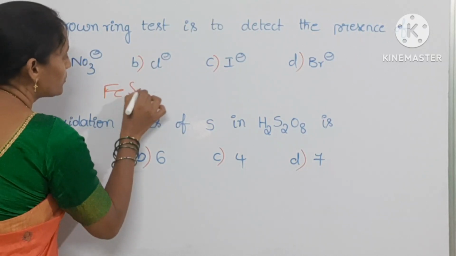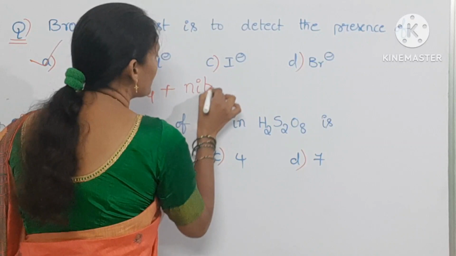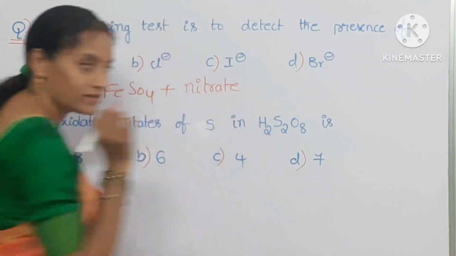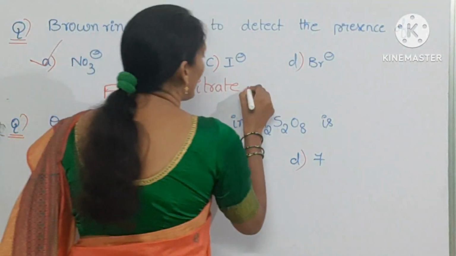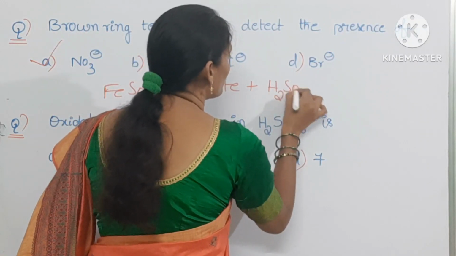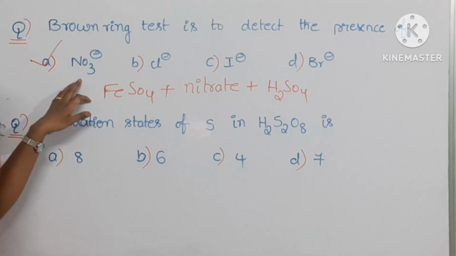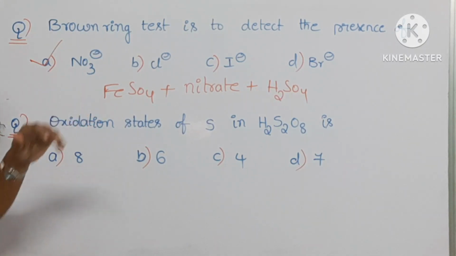Ferrous sulfate is added to the nitrate ion containing compound, and along with this you add concentrated H2SO4 drop wise to the test tube. Then you identify the presence of a nitrate ion by the formation of a brown ring.